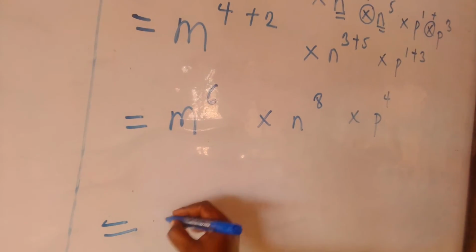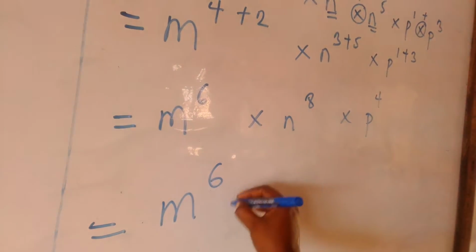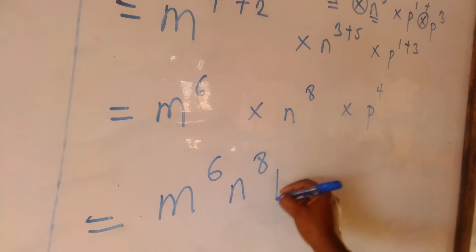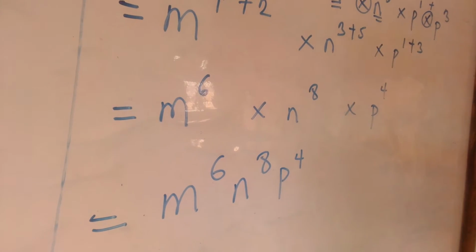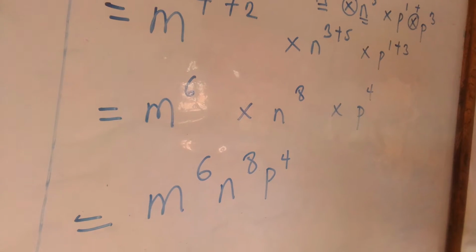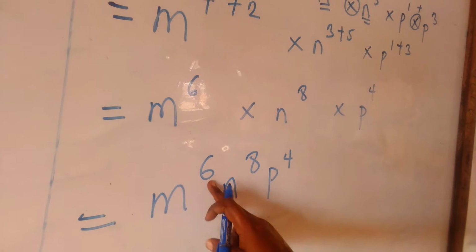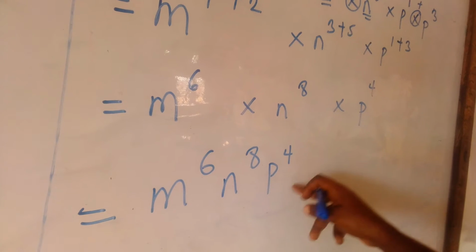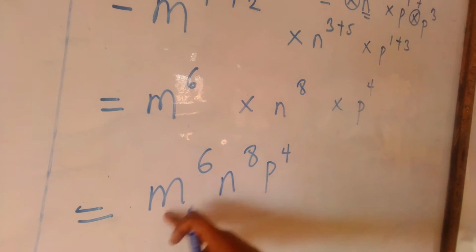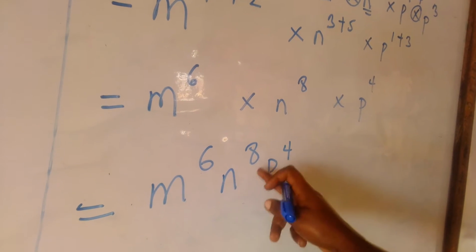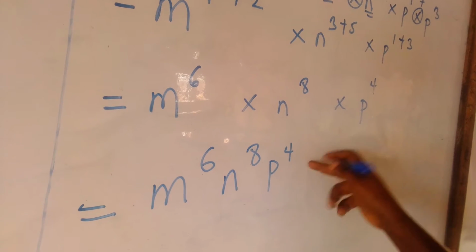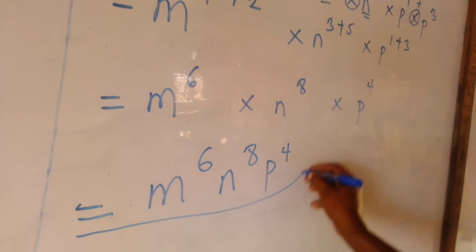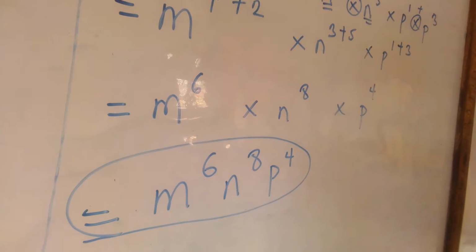Combining the 3 together will give us m raised to power 6, n raised to power 8, and p raised to power 4. That is, m in 6 places, n in 8 places, and p in 4 places. We say m raised to power 6, n raised to power 8, p raised to power 4. This is the last solution to this question.